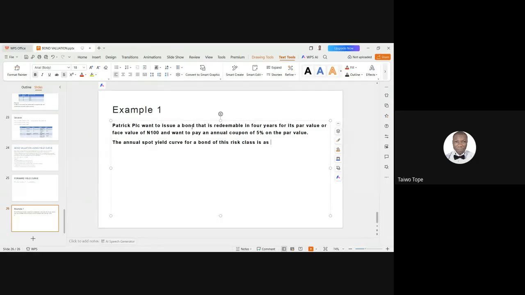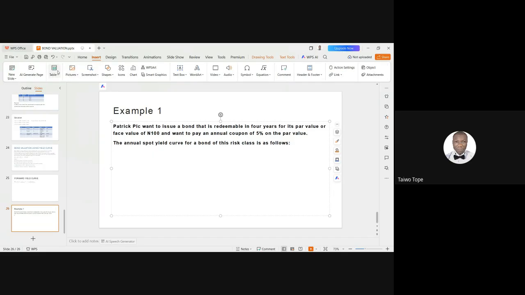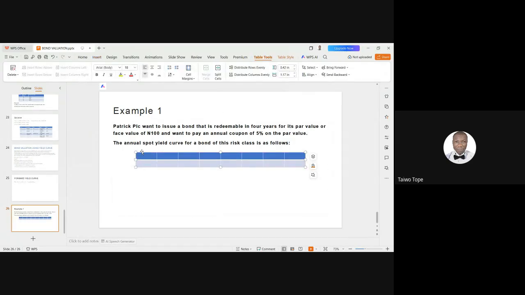So the annual spot yield curve for a bond of this risk class is as follows. Let's have it in a table. We have the year and the rates.